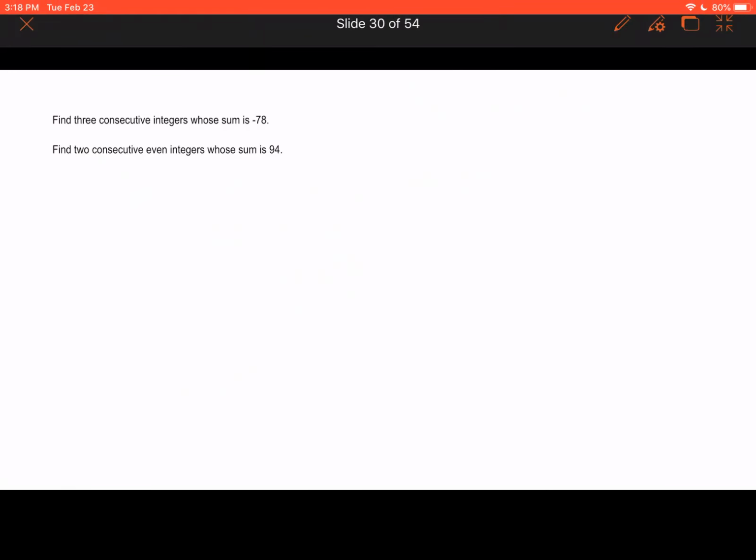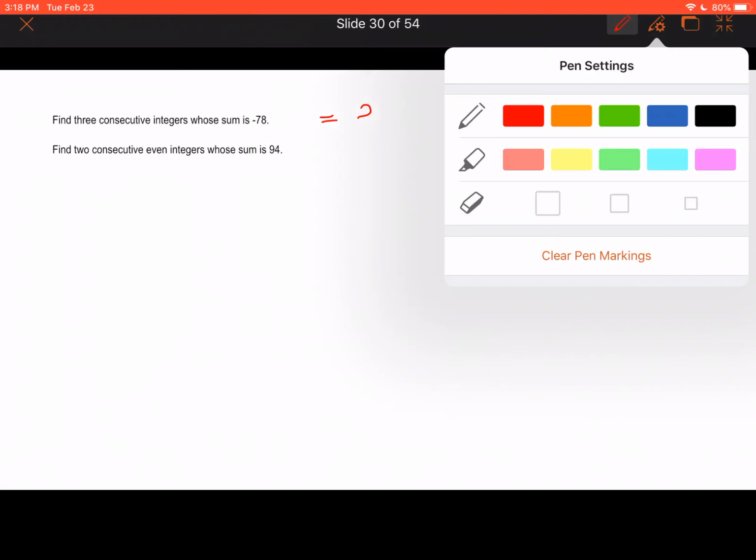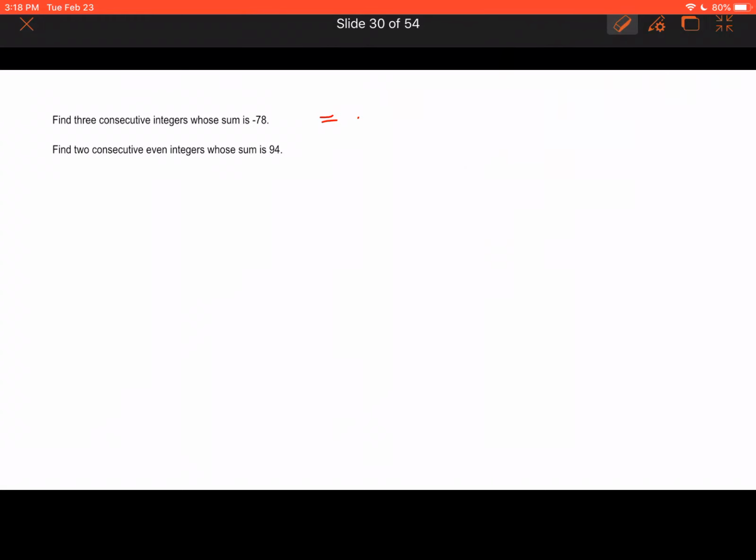The next problem is to find 3 consecutive integers whose sum is minus 78. So 3 consecutive integers: n, then n plus 1 is the second number, and n plus 2 is the third consecutive number. When we add all these, it is going to give minus 78.